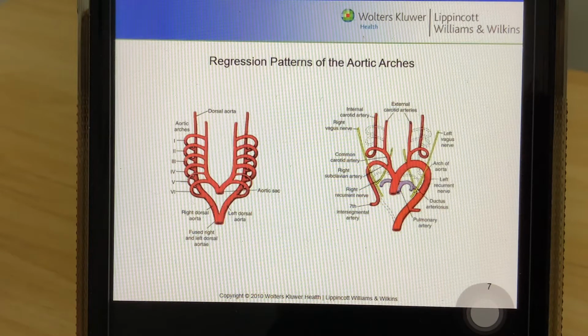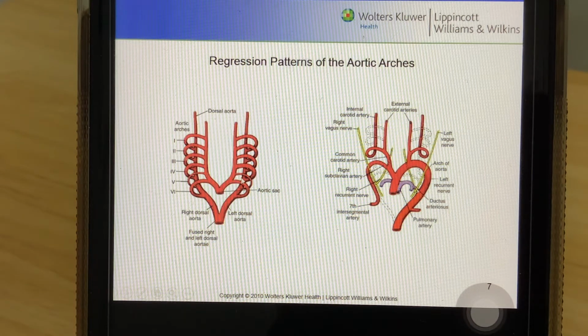This schematic shows the rearrangement of the aortic arches into their definitive vessels. In forming the definitive pattern of arteries in this region, some parts of the arches and dorsal aorta undergo programmed cell death, and these vessels regress.